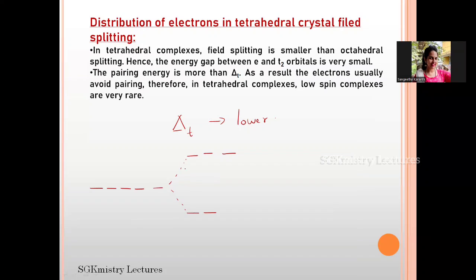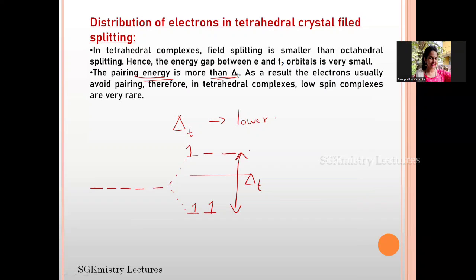This particular splitting, the delta T value, is very small. The gap is smaller. So when I'm talking about two electrons, of course, they will be present here. The third electron always tries to go to the higher energy like this before pairing. So the pairing energy is more in the case of delta T. So instead of undergoing pairing here, the third electron will go to the higher energy.